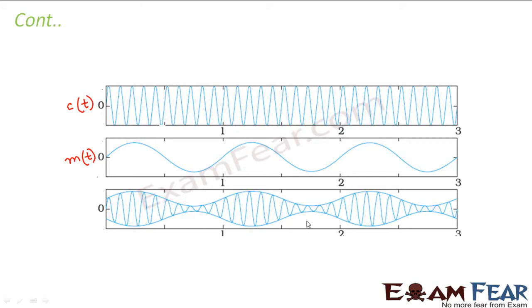And this is my amplitude modulated wave. If you see, the amplitude of the carrier wave varied, but the frequency still remains the same. So how do we denote this? It is still the carrier wave, so this will still remain c as a function of t, but its amplitude got varied as per the message signal. So we denote it as c m t. That is the amplitude modulated wave. Right? So the concept of amplitude modulation is clear?